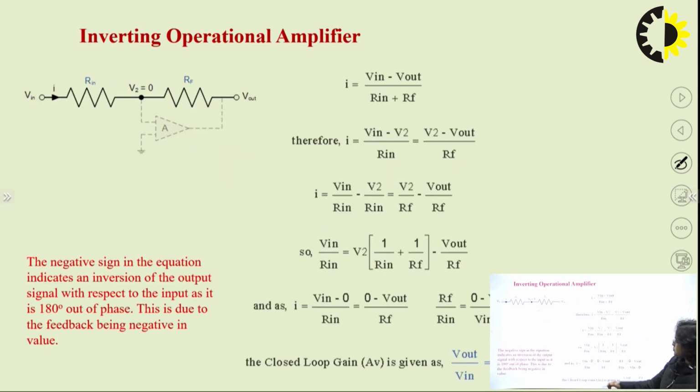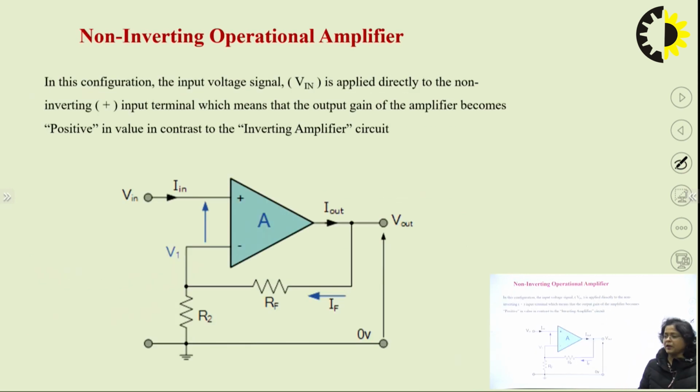So, we have already done this derivation using the current relation, and we see that there is a negative sign which denotes 180-degree phase shift. Now, if the input is applied to the positive terminal, then it is called non-inverting configuration.